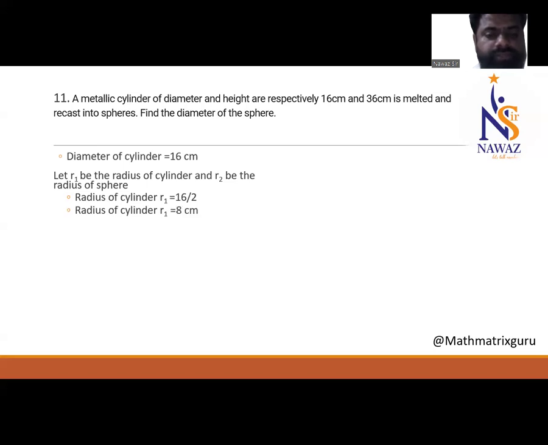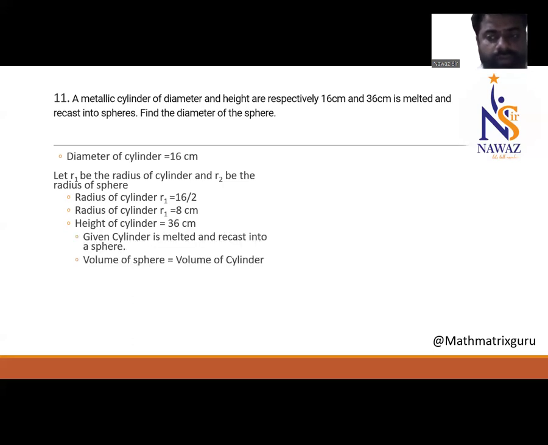Now the next thing is the height of the cylinder, which is also given, 36 centimeter. Now he is saying the cylinder is melted and recast into a sphere. In that way, the volume of the sphere will be equal to the volume of the cylinder.